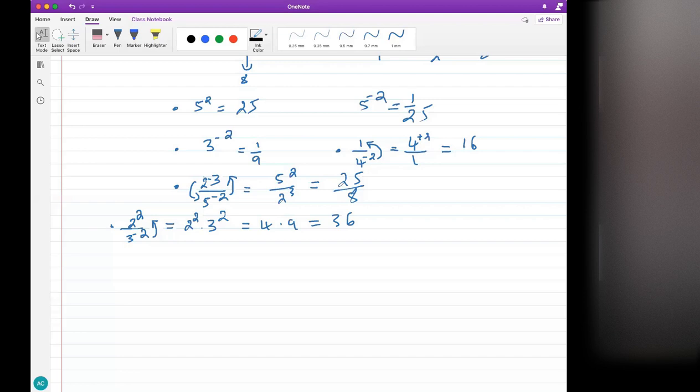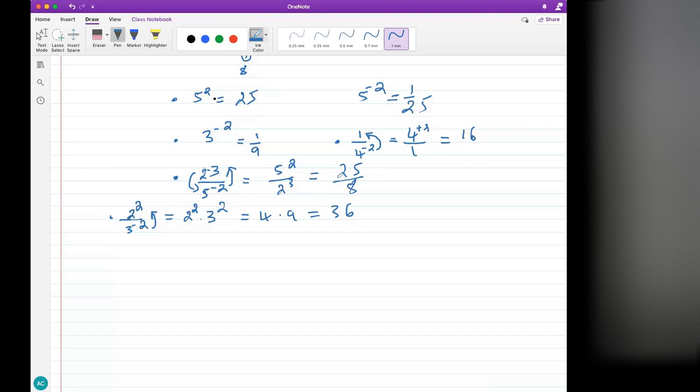Okay, so now after the negative powers, repeat that last one we just did. When we come up to 36, just go through it again.